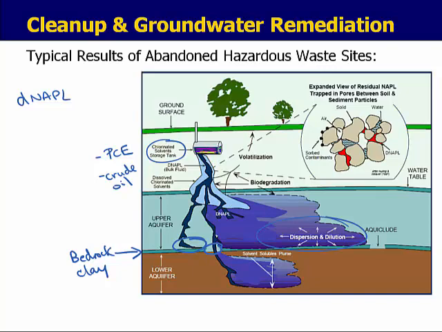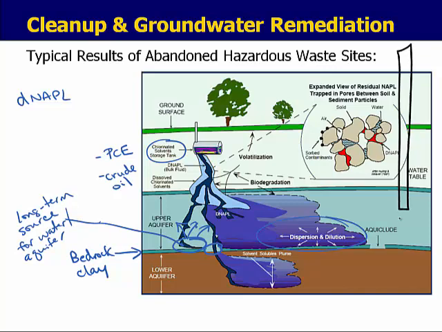Now, from an environmental health perspective, this pooling here is very concerning because this acts as a long-term source of pollution for the aquifer. And so as this pool sits here, it will continue to disperse into the water table. And imagine that I have a drinking water well here, or an irrigation well here that's pumping out.